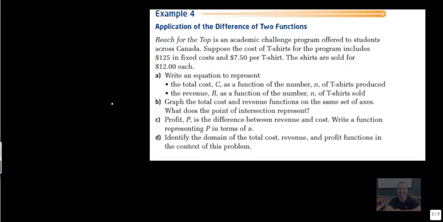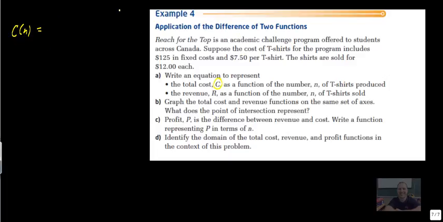Part A says, write an equation to represent the total cost as a function of the number n of t-shirts produced. So the cost as a function of n. You might write that in function notation as capital C, because it's cost, and it says right here use capital C, as a function of n, so C of n.